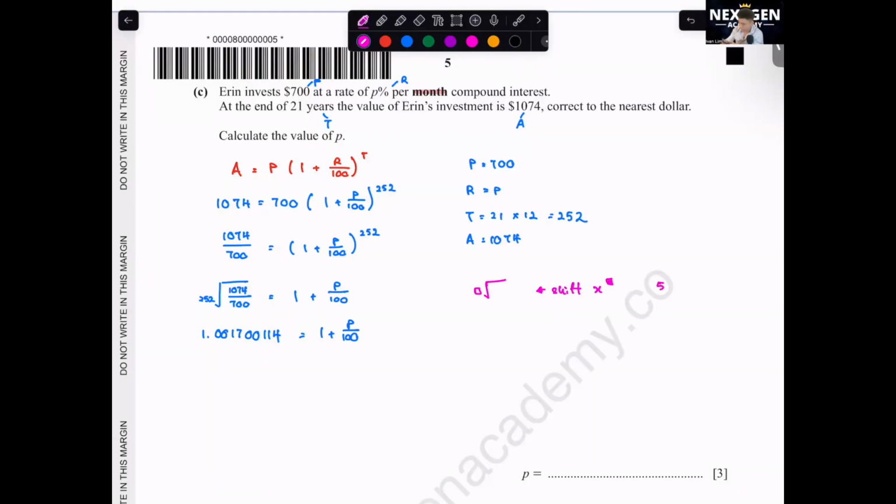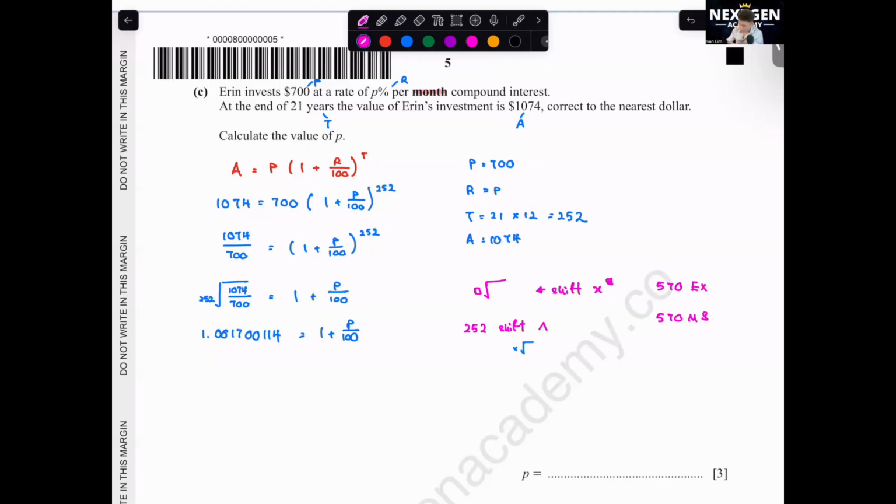So this is for the 570EX. For the 570MS, this is how you type it in. You type 252, then you press Shift, this side. You will see this symbol appear, an X and then a root.